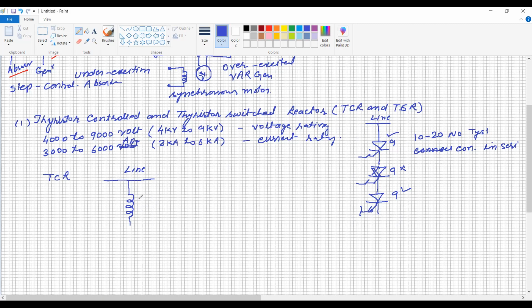As it is absorbing, the current is going to be absorbed. So here we are using thyristors, because we want conduction in both directions, positive and negative half cycle.